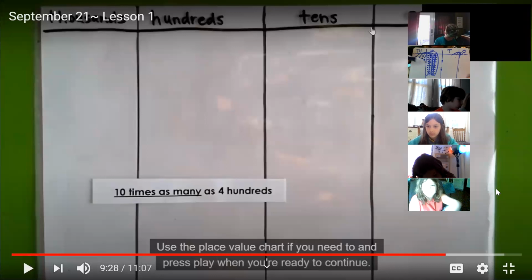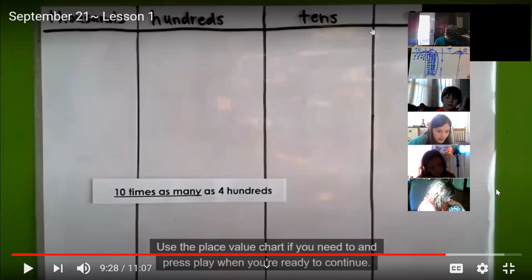So Sarah, we had 10, 20, 30, we had 40 hundreds here. How many thousands are the same as 40 hundreds? 4. Very good. We have 1, 2, 3, 4.